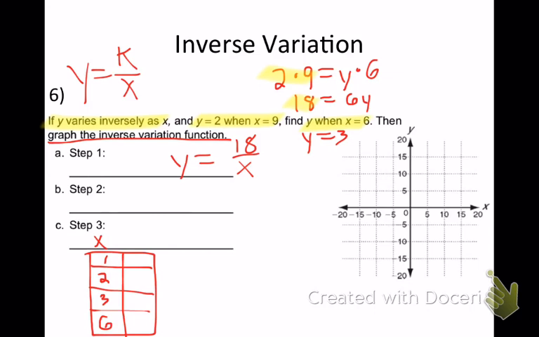So if I take 1 and I plug it in for x, what do I get for y? 18. If I take 2 and I plug it in for x, what do I get for y? If I take 3, what do I get for y? If I take 6, what do I get? Okay, now I'm going to do the same thing with negatives.